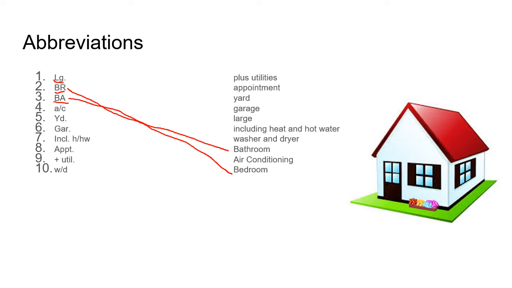LG would stand for large. Okay, and I can let you do the rest on your own, but it is good to know the different abbreviations that you might see in an advertisement for a rental property.